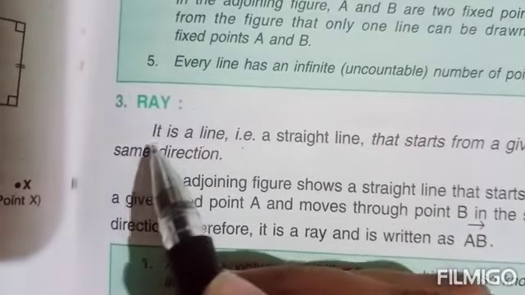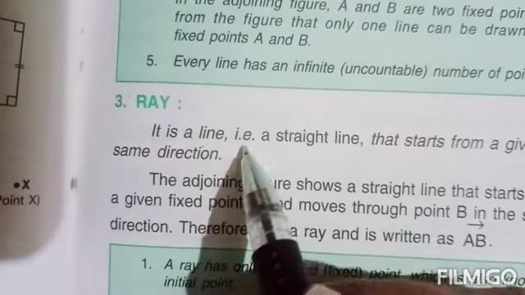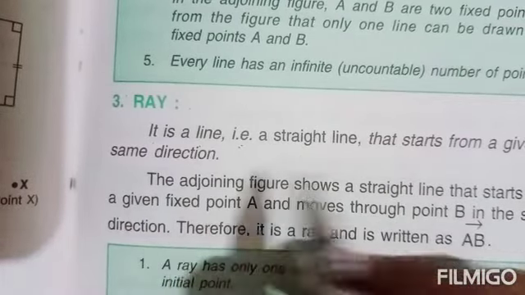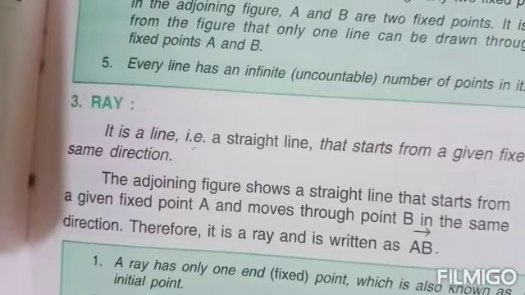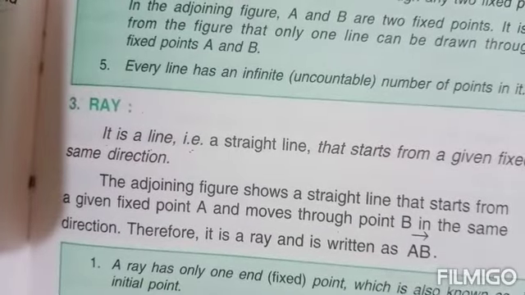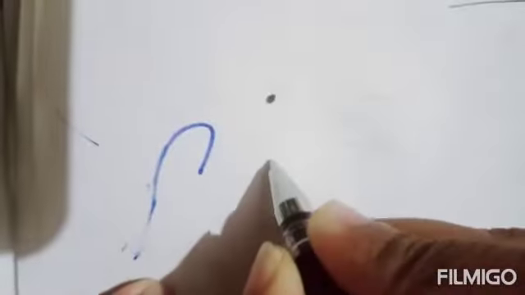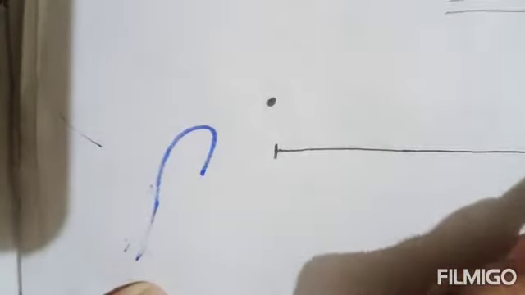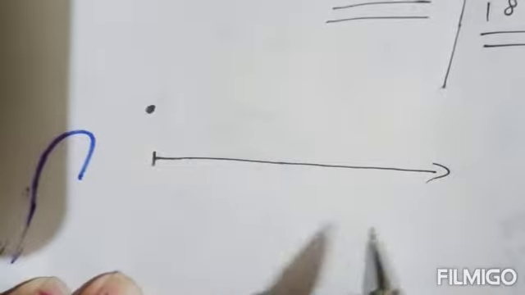A ray is a straight line that starts from a given fixed point and moves in the same direction. So a ray means it is a straight line only, but it starts from a particular or fixed point, and it moves in the same direction. This is a ray.